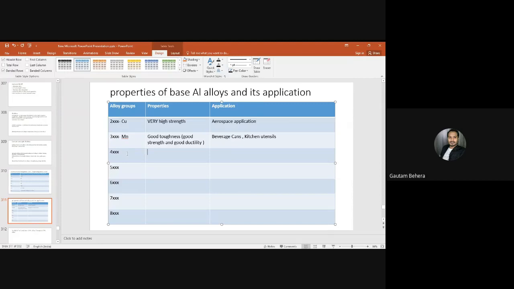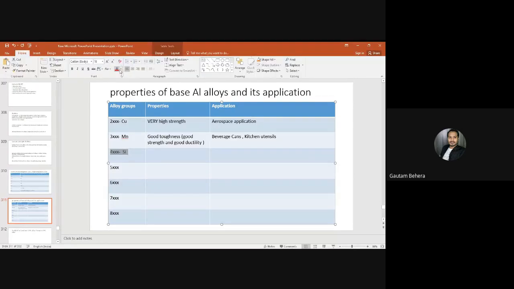Kitchen utensils. Okay, so now the 4000 series. The major alloying element in the 4000 series, as I told, is silicon. You have to remember, this is one of the important groups of aluminum alloys. I'm making it green. Aluminum silicon alloys.